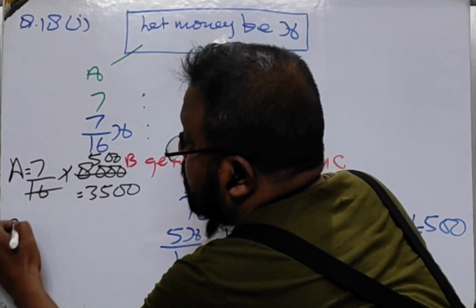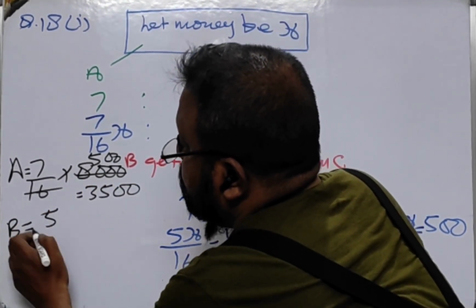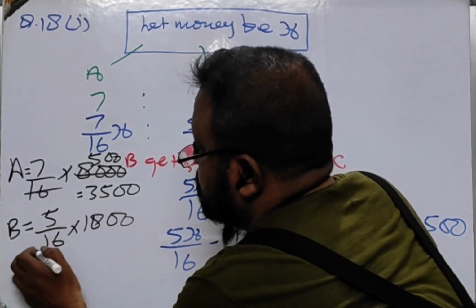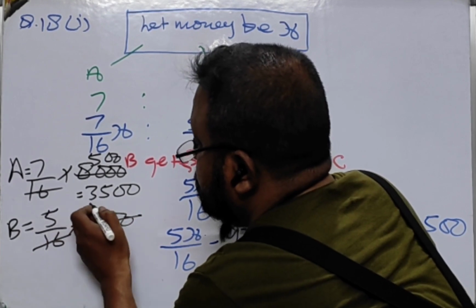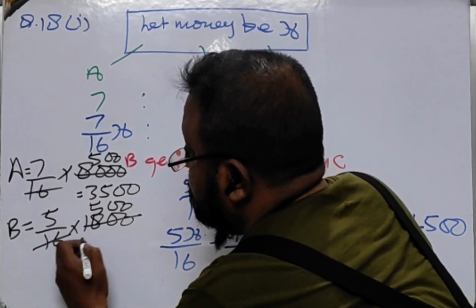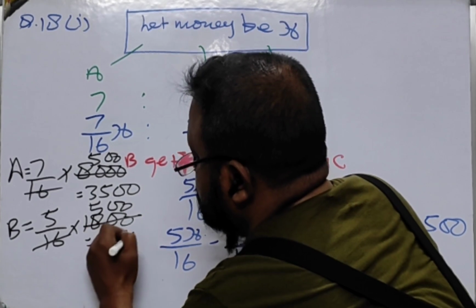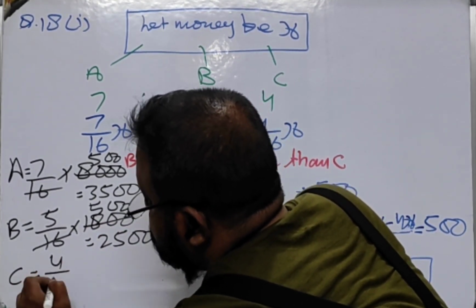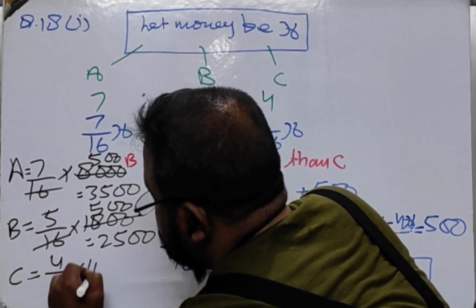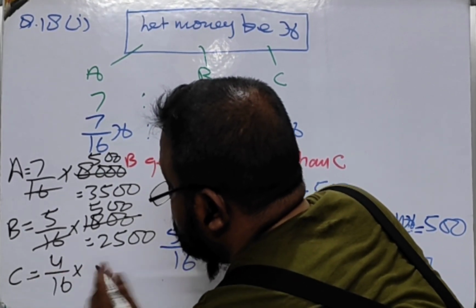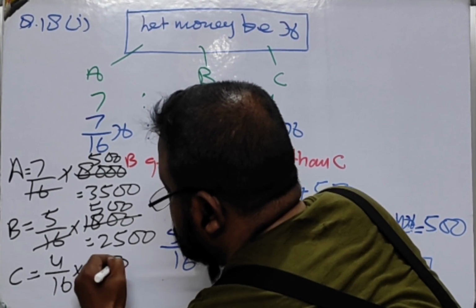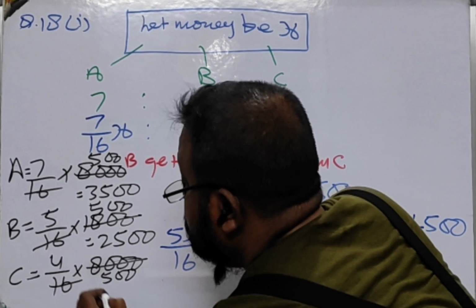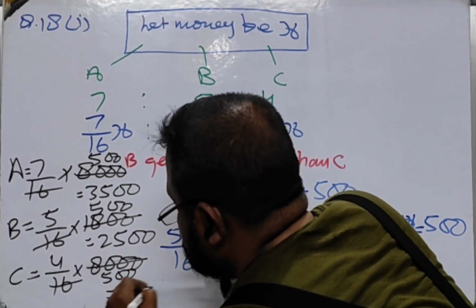B is getting 5 upon 16 into 8000, so it is 500, it becomes 2500, right? And C is getting 4 upon 16 into 8000, 500 into 4 becomes 2000.